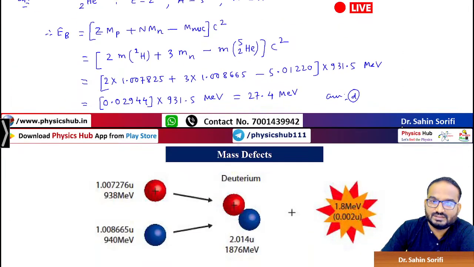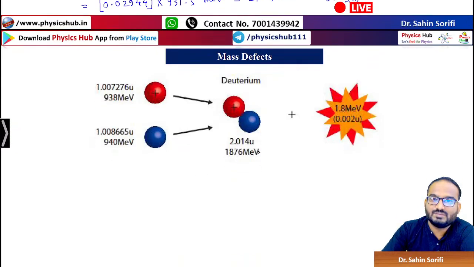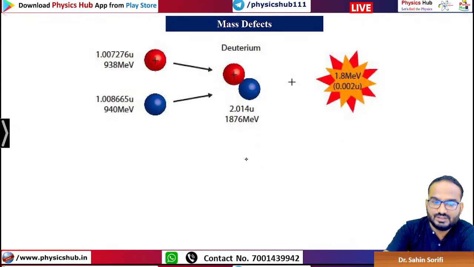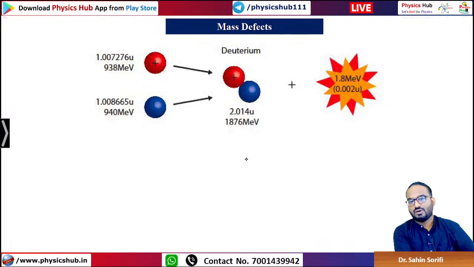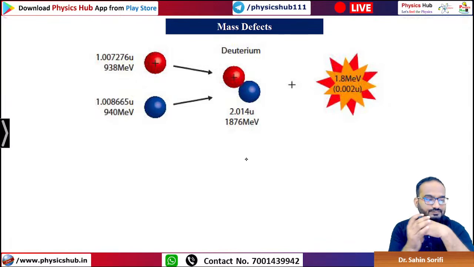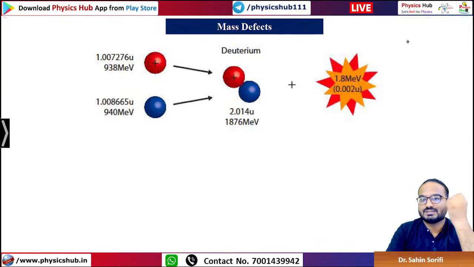Mass defect. Let us talk about mass defect. What is mass defect? In simple terms, mass defect is the difference between the mass of an atom and the mass number. Now let's take the case of oxygen 16.